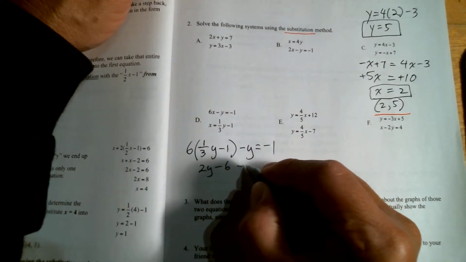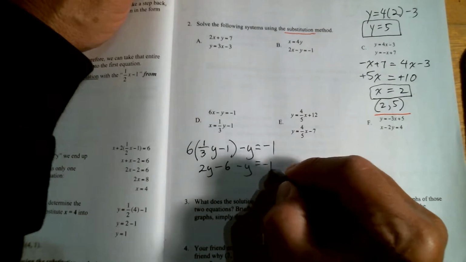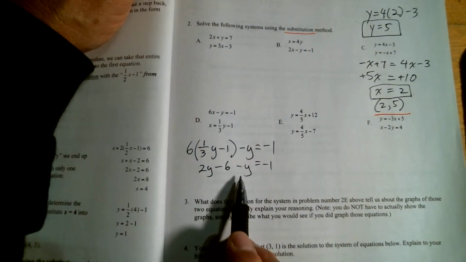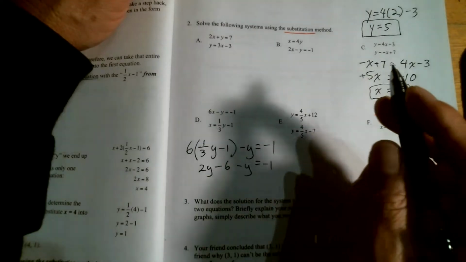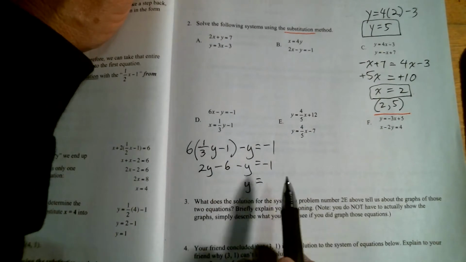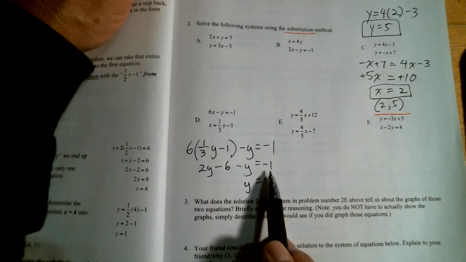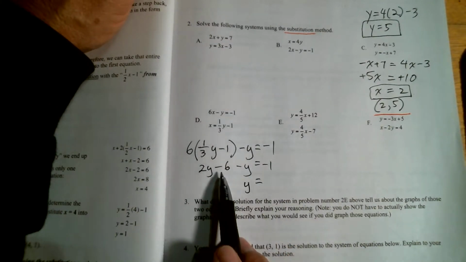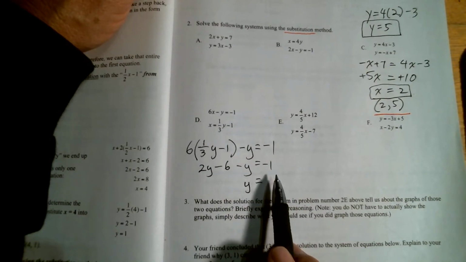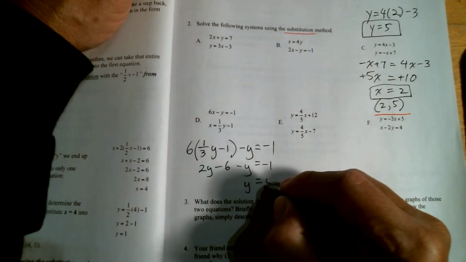And then I have the negative y here equals -1. Combining like terms, 2y minus y equals 1y. Okay, it's 1y equals. Now, over here I have a -1, and on this side I have a -6. I'm going to add 6 to both sides, and when I do that, this goes away. Add 6 to this side, I'm going to be left with y equals 5.